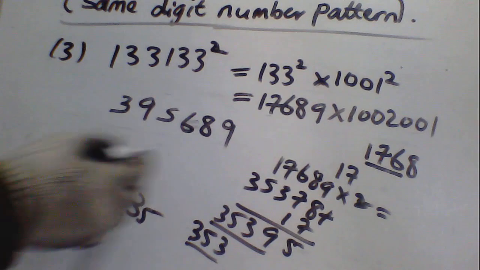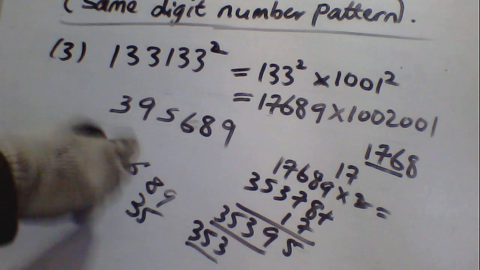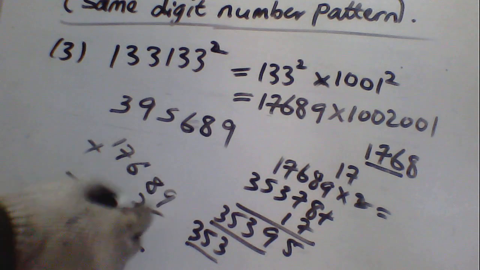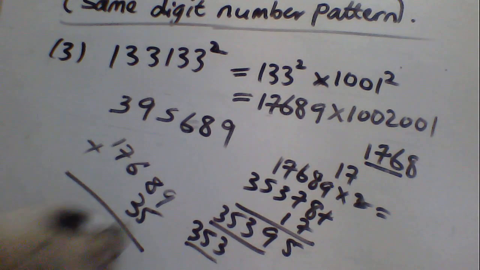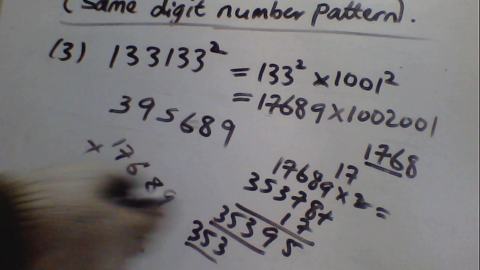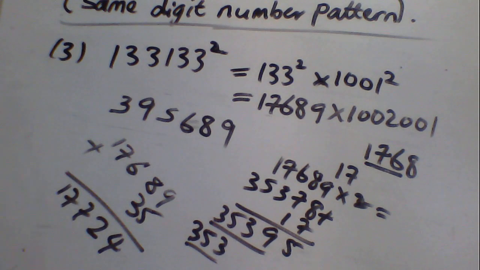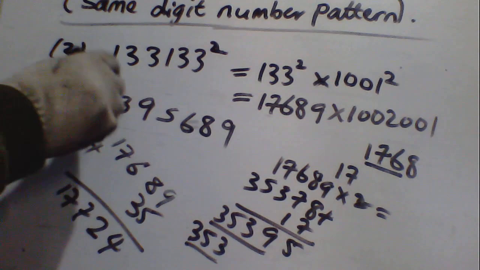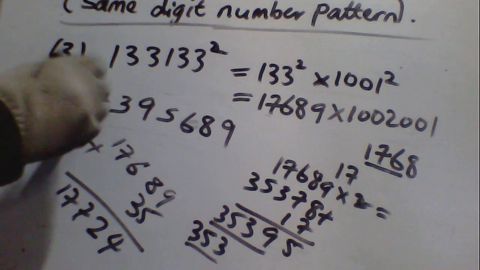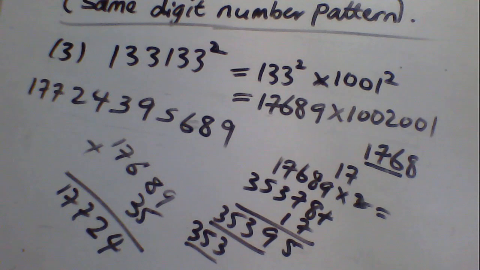So I add it here, starting from the back, so that I can add it very well. 9 plus 5 is 14, carry 1. This will give us 11 plus 1, 12. You carry 1, add it here, 17. You bring these numbers here, 4 2 1 7 7. That is it.